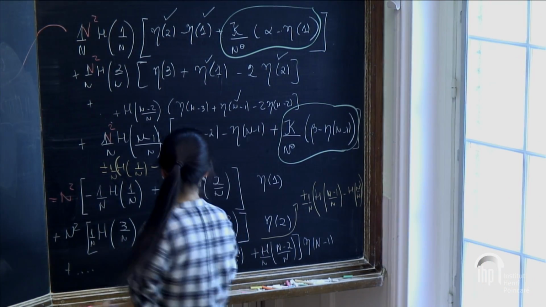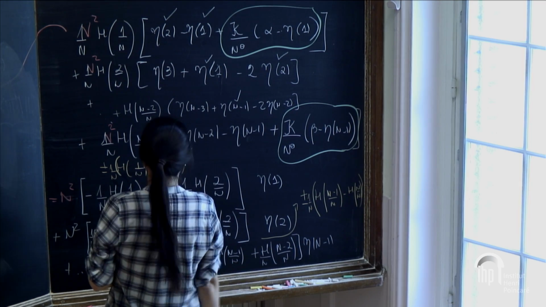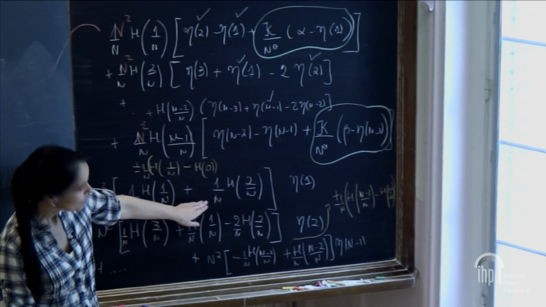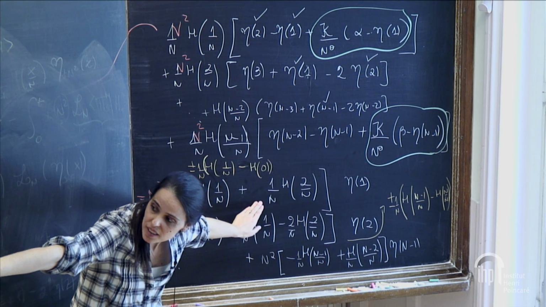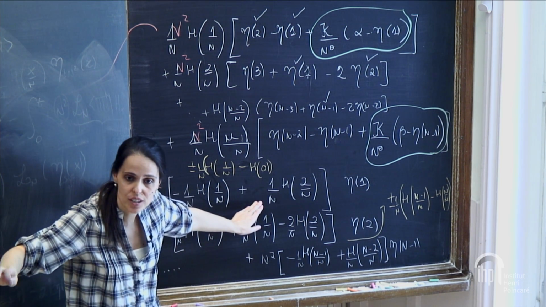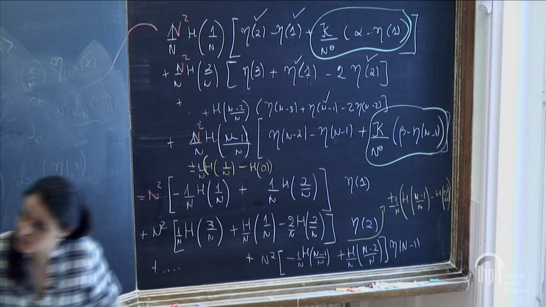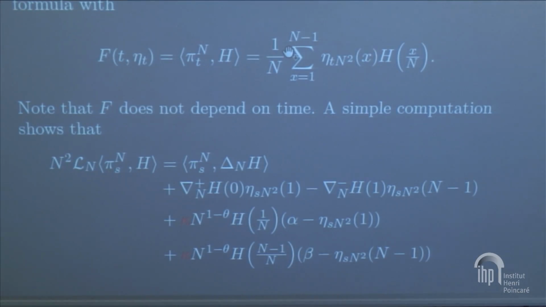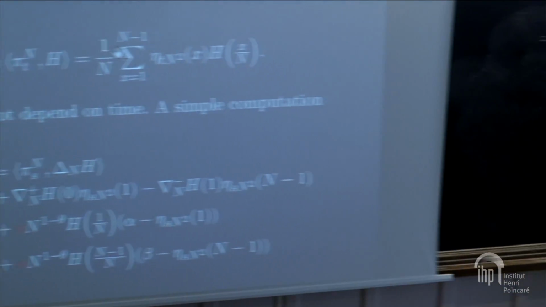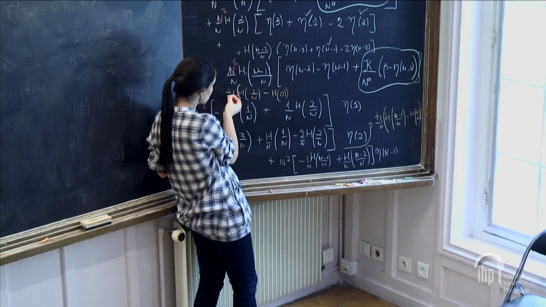Okay, so now, to get to the Laplacian here, because you see the first term that I wrote there, it is the empirical measure applied to the discrete Laplacian of h, the first term which is here. Okay, so let me write it. This term is coming from, so to have the discrete Laplacian here, I have to use this.